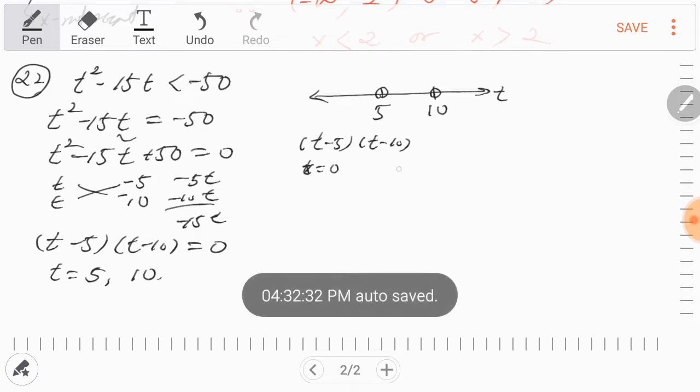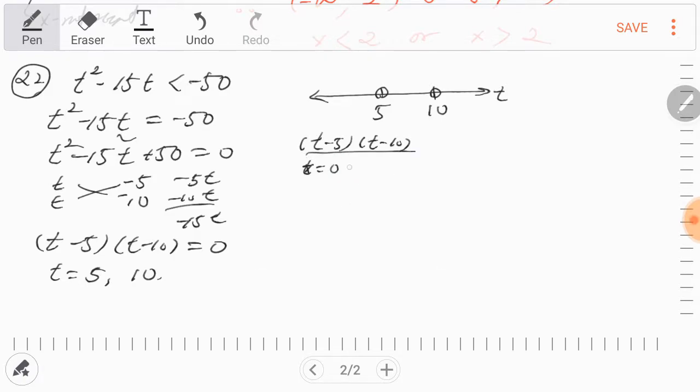Then let's find the sign of this one. T is 0, then this is negative. 0 minus 10 is negative. So negative times negative is positive. So for this interval, the sign is positive. Okay, between 5 and 10, let's use 6.